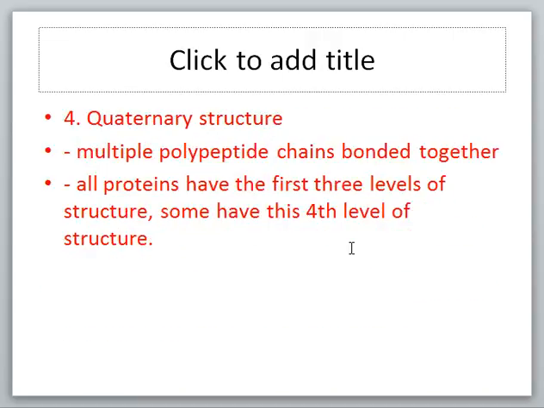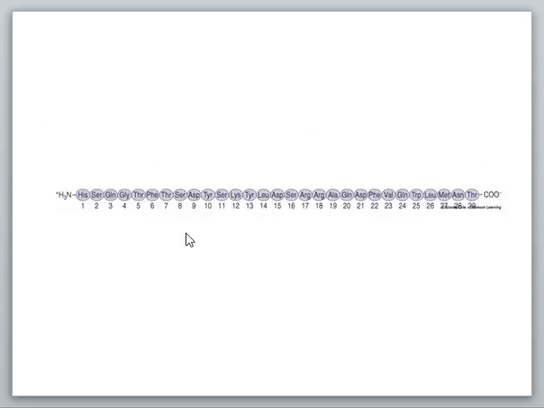Now then, all proteins will have those first 3 levels of structure. Some proteins will have a 4th level of structure called a quaternary structure, and this is where multiple polypeptide chains are intertwined or bonded together. So all proteins have the first three levels of structure. Some will have this fourth level of structure.